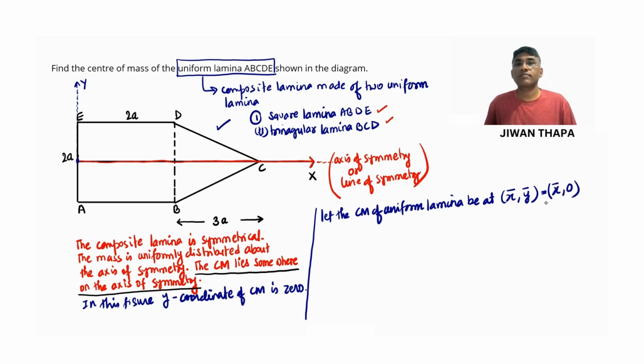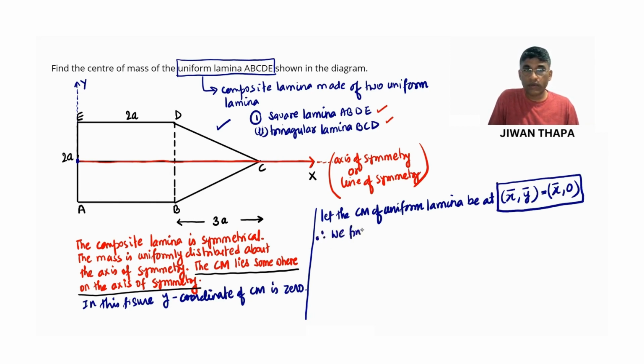We need to find the x coordinate of the center of mass. This is to be noted. Therefore, we find x bar, that is, the x coordinate of the center of mass of the composite lamina.